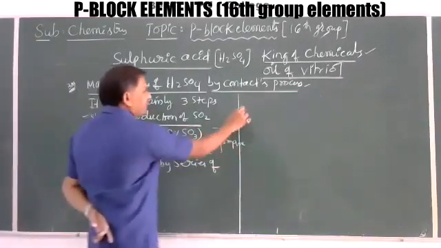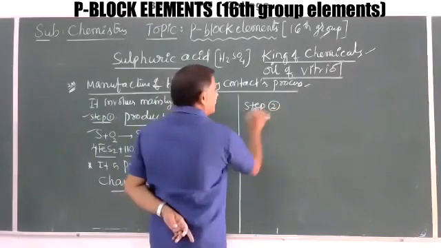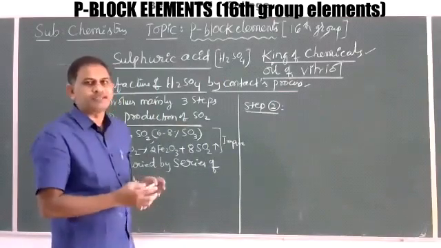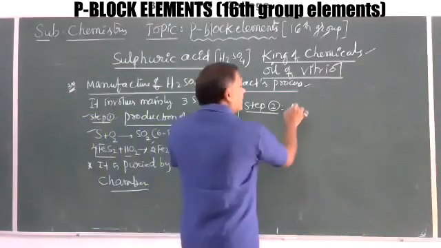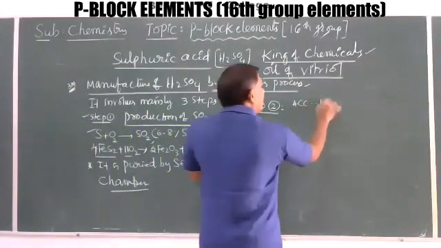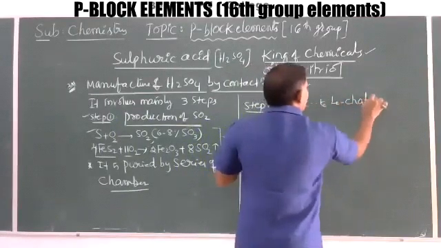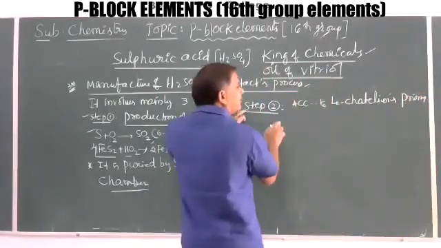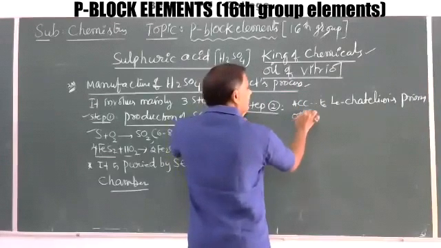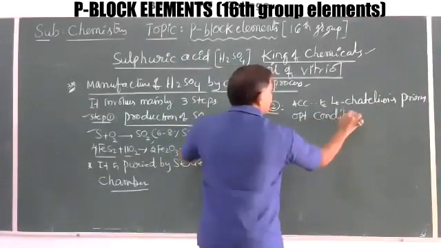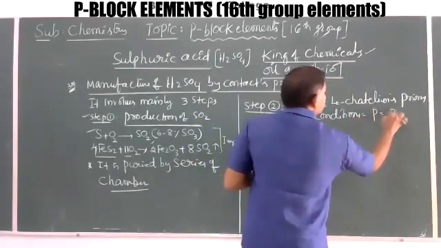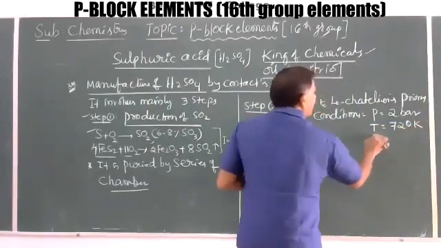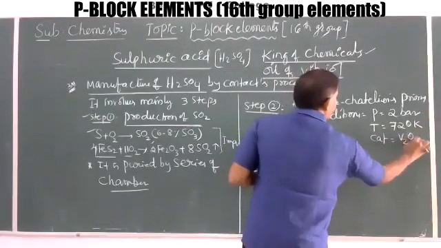So in the second step, after purification of sulfur dioxide, by using Le Chatelier's principle, to get a good yield of sulfur trioxide and sulfuric acid, some optimum conditions are required. The optimum conditions: pressure is 2 bar, temperature is 720 kelvins, and the catalyst is vanadium pentoxide.